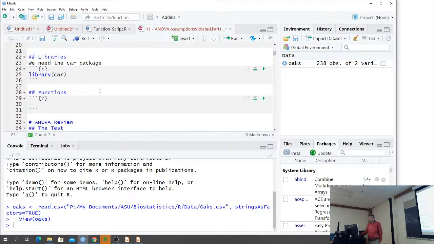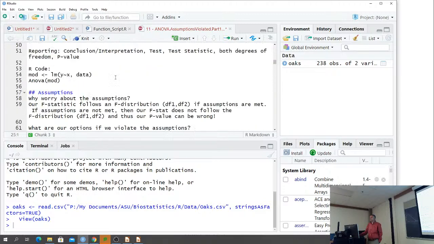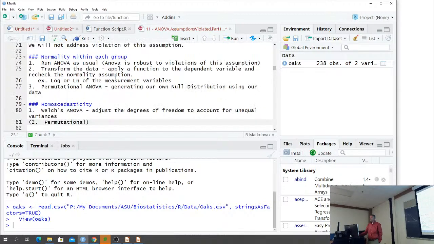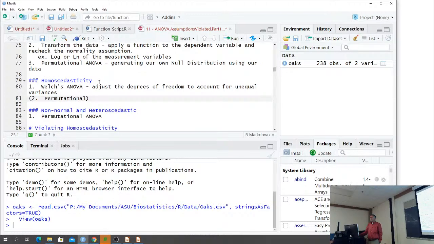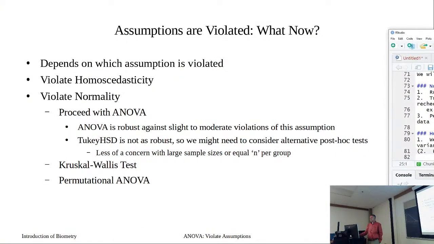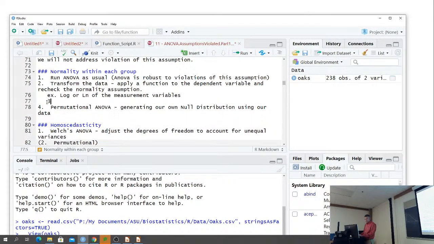Functions, don't really need them just yet. As I look at it, normality, we left off a Wilcoxon test. When we violate normality, so we'll change our numbers as I thought about it. Put that number 3.